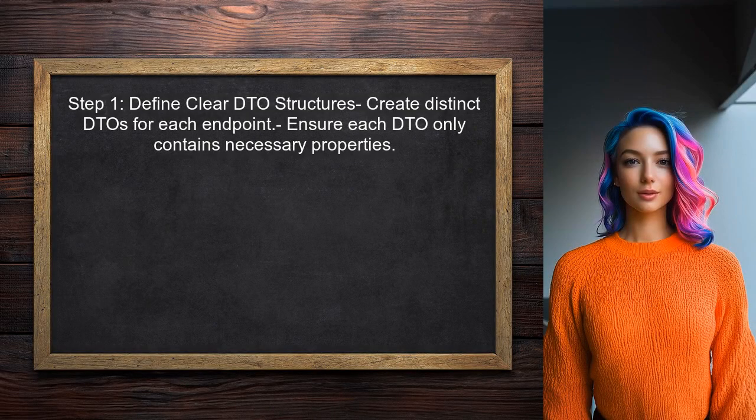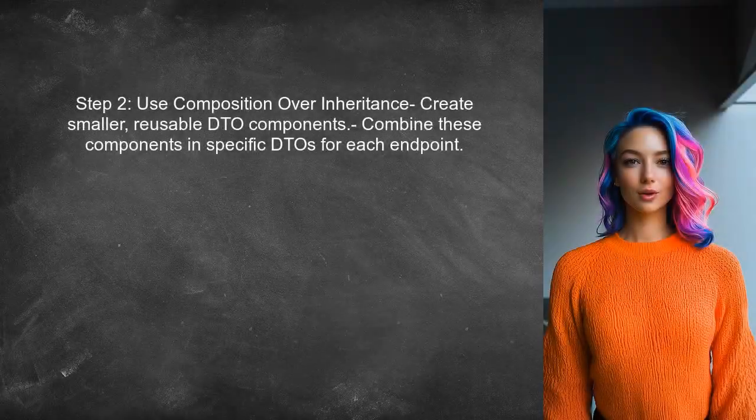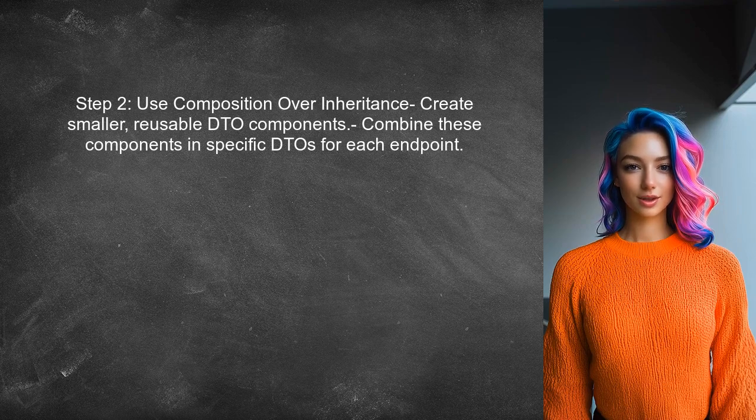To address the user's concern about using data transfer objects, or DTOs, we can start by defining a clear structure for the requests and responses. This will help in maintaining clarity and reducing redundancy. Next, the user can consider using composition over inheritance. Instead of creating a base class, they can create smaller, reusable components that can be combined as needed.